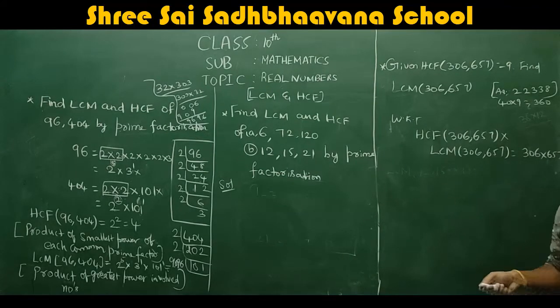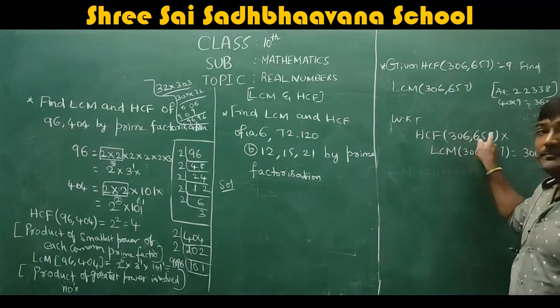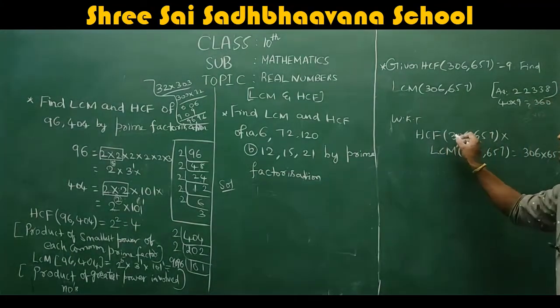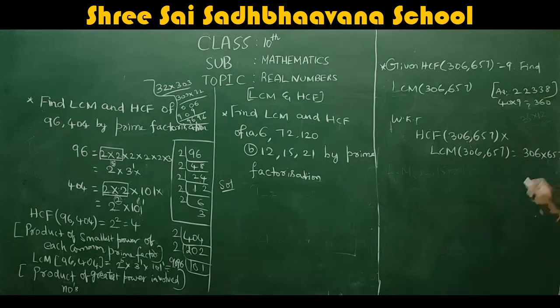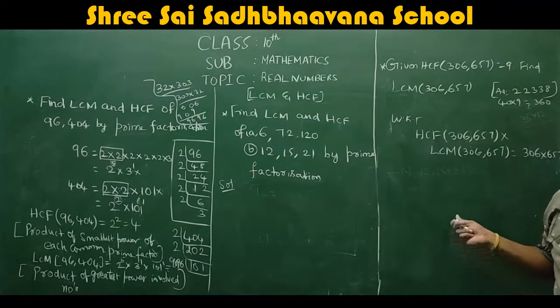See, I am telling the relation once again. HCF of the numbers, you can take these as A and B or any other terms, into LCM of these two numbers should be equal to the multiplication of those two numbers.